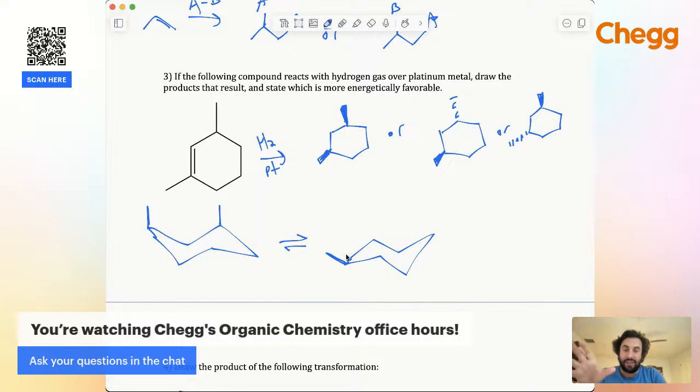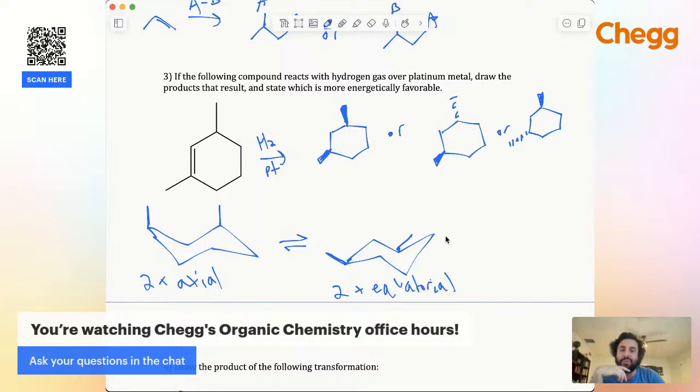That's just how those bonds are oriented at that carbon. Then once again, we go two clockwise, and we have another methyl up. On this carbon, that happens to be the equatorial position. So here we have two axial, and here we have two equatorial.